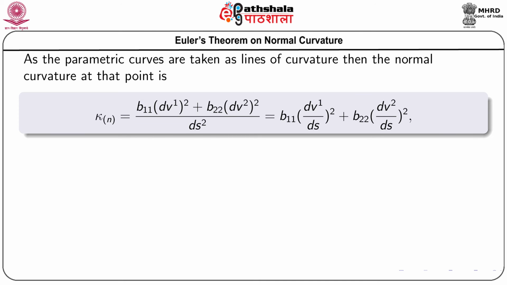So, kappa n is coming to this form, and then the right hand side becomes B11 (dV1 by ds) whole square plus B22 (dV2 by ds) whole square.